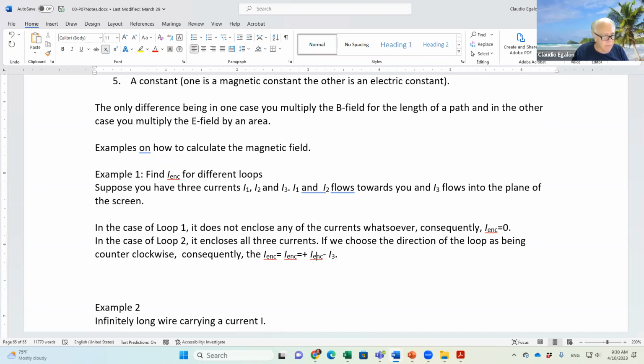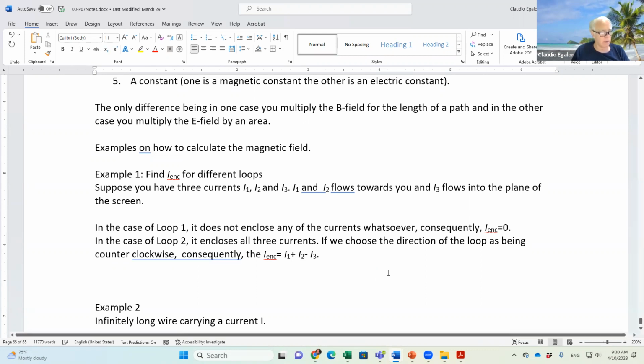Make sense? I have to write that down here: I1 plus I2 minus I3.